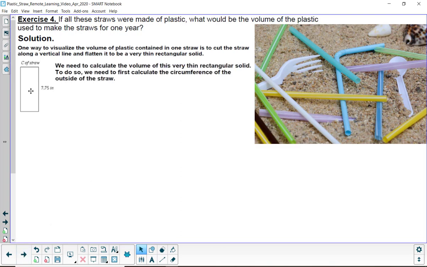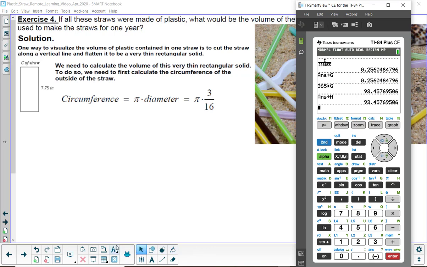We have to calculate the volume of this rectangular solid, but we first need to calculate the circumference of the outside of the straw. So the circumference is pi times the diameter, so that's going to be pi times 3/16 of an inch. So let's go ahead and again bring up our calculator and multiply pi times 3/16.